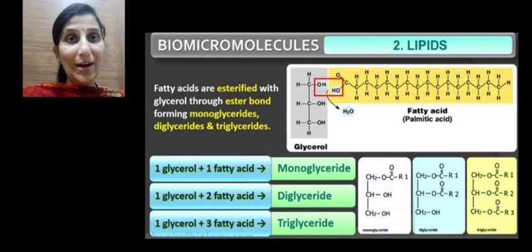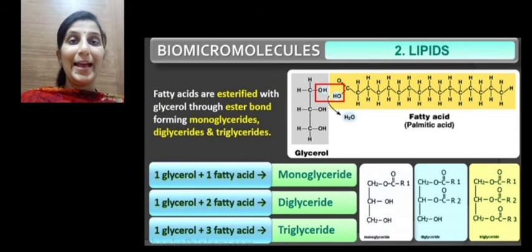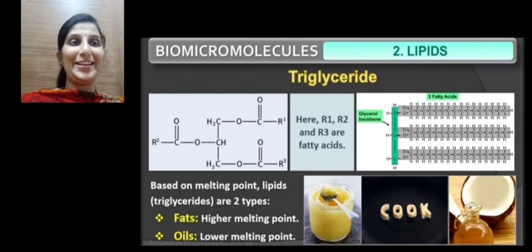If one glycerol is attached to two fatty acids, it is called a diglyceride. And if one glycerol is attached to three fatty acids, it is called a triglyceride. Here we can see 1, 2 and 3 fatty acids attached.